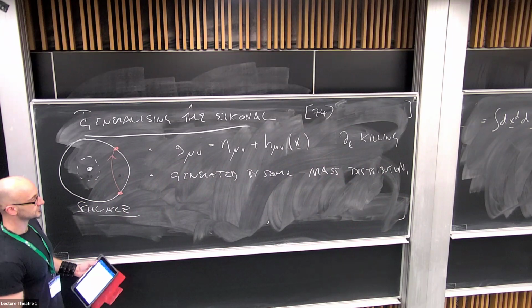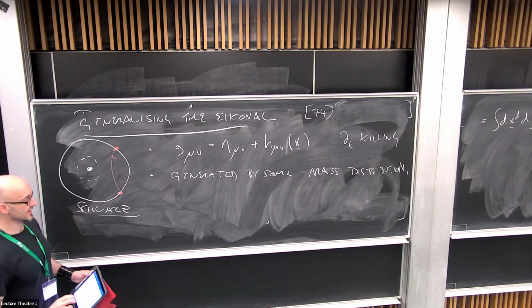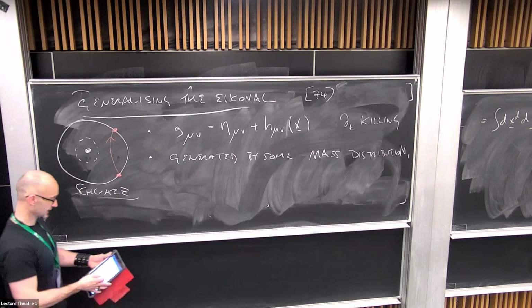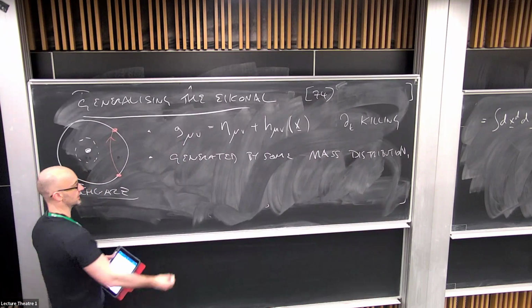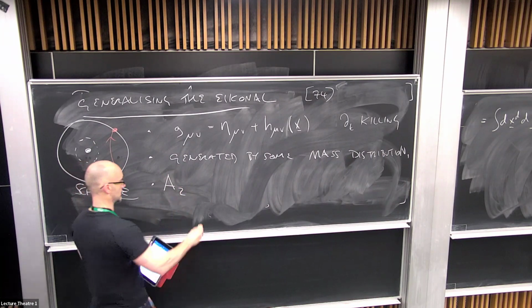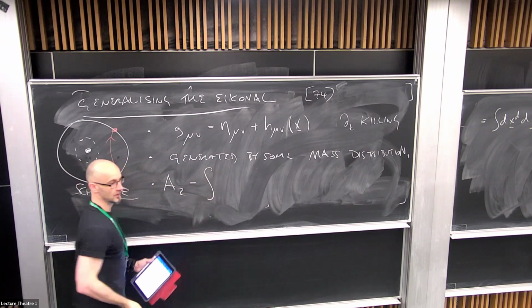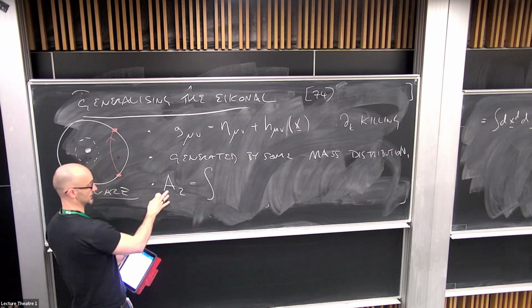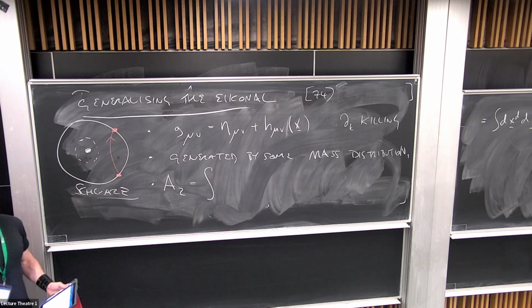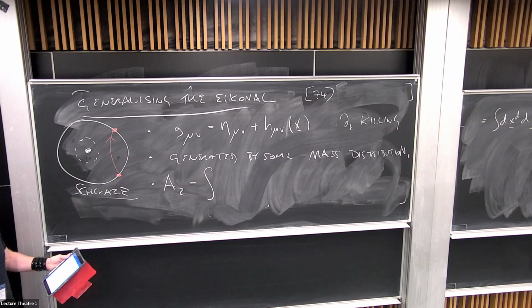Okay. Exactly the same things in the ADS example, right? We're looking at one-to-one. So we're going to evaluate the 2-point amplitude as the quadratic part of the action, evaluated on certain classical solutions.